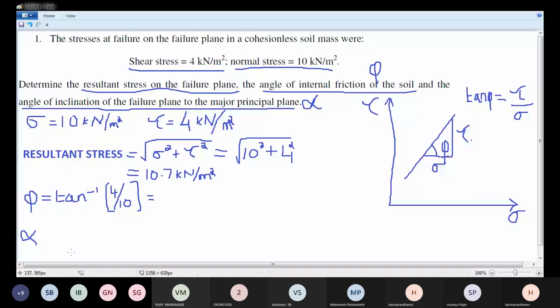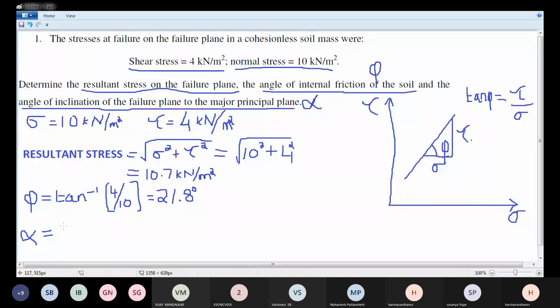What is the value of phi? Sir, 21.8. 21.8 degrees. You can measure alpha, that is the failure angle.